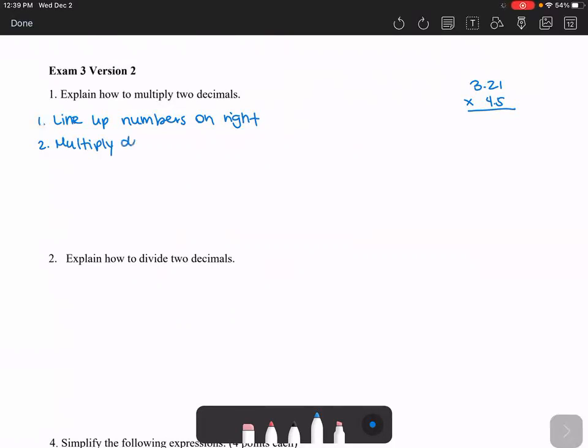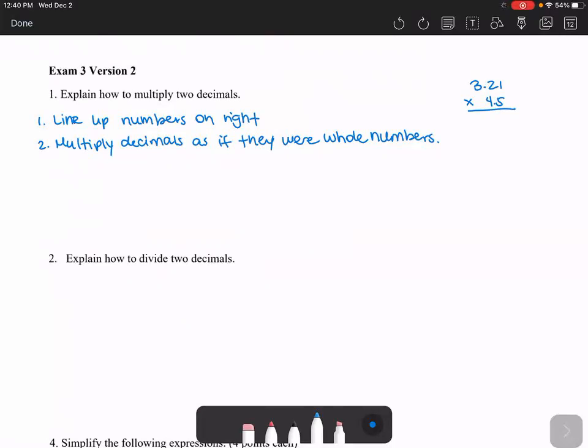So we multiply the decimals that were given as if they were whole numbers. What I had a lot of people do here is just say multiply them normally. And that doesn't tell me how to do it, just because the word normal is really subjective.